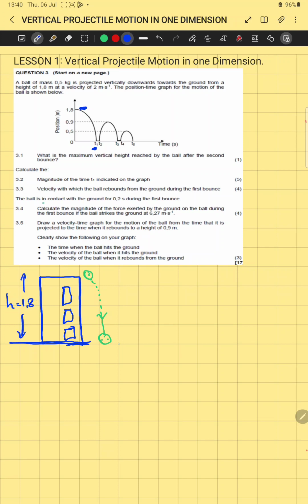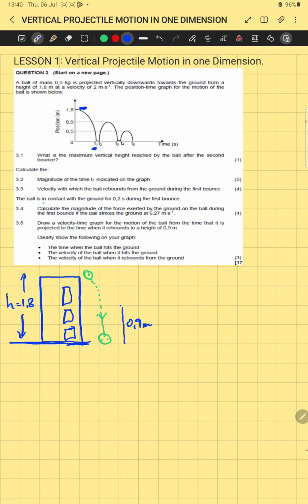And then the second part is that we've got another height here, and this one is 0.9 meters. And then this ball is going to bounce from this portion. Let me just clear this part a little bit, I just want some space here.